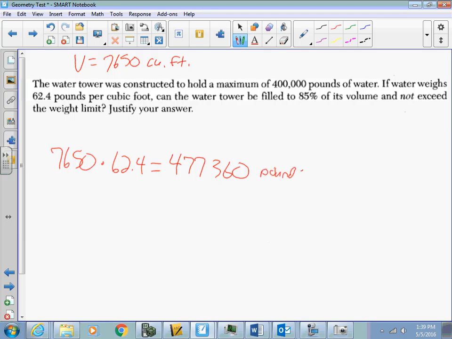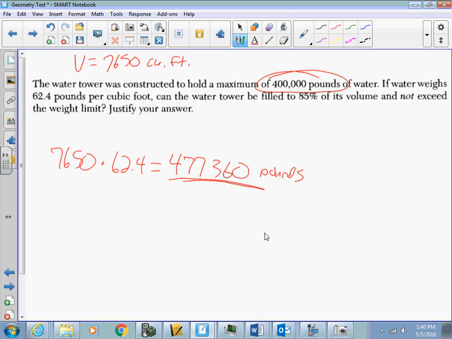So if that water tower were full, it would be holding this much weight, which is not possible because it says it was constructed to hold a maximum of this much. So for whatever reason, you're not going to be able to fill up this water tower, because if you fill it up, it's going to exceed the weight limit, which is kind of strange, this problem is kind of strange.